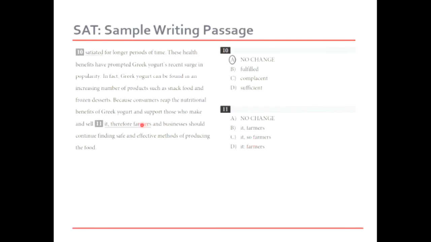So therefore needs to be removed, and so that the sentence does not remain overworded, the right option is going to be it, comma, farmers, right? Because there is a dependent clause and then an independent clause. So in order to connect them, we need to get rid of at least one of the transitional words. We don't need two of them to be introduced in the sentence. So the right choice is going to be option B.